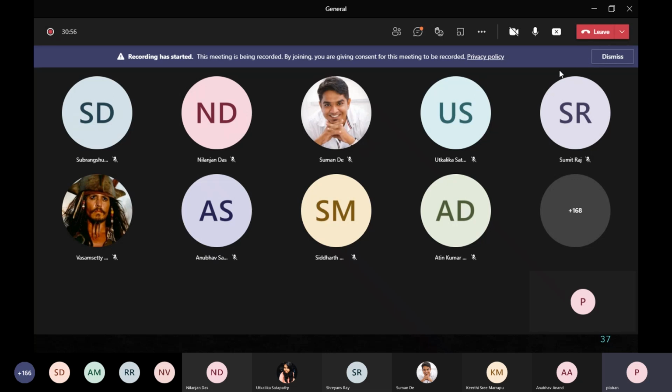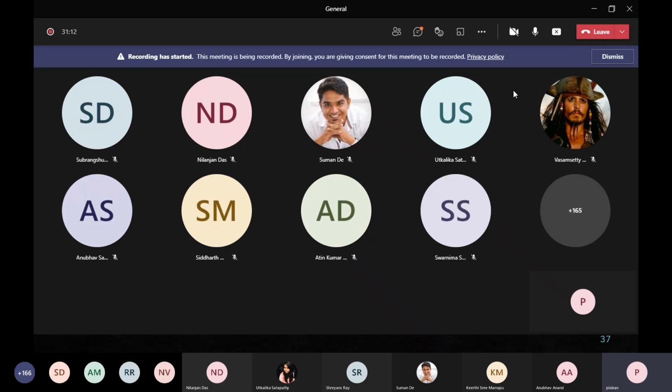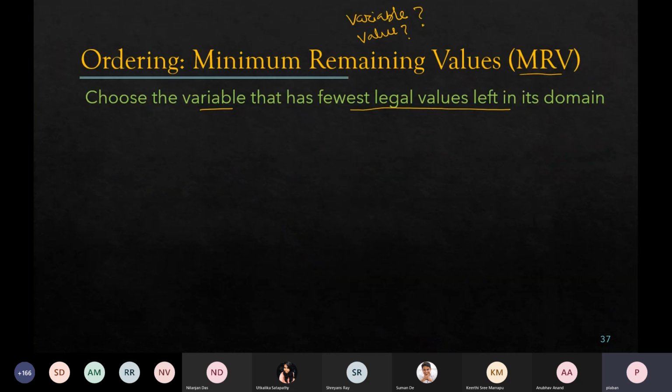Let me first check whether this makes sense or not. We are discussing, right? The answer might be yes or no. Yes, sir. Now if we agree that this is good, then you need to answer why this should be good.